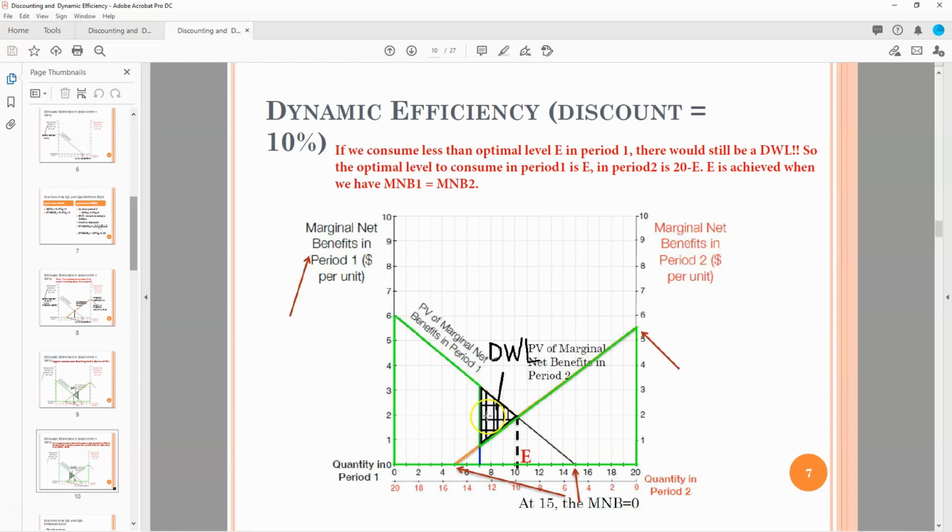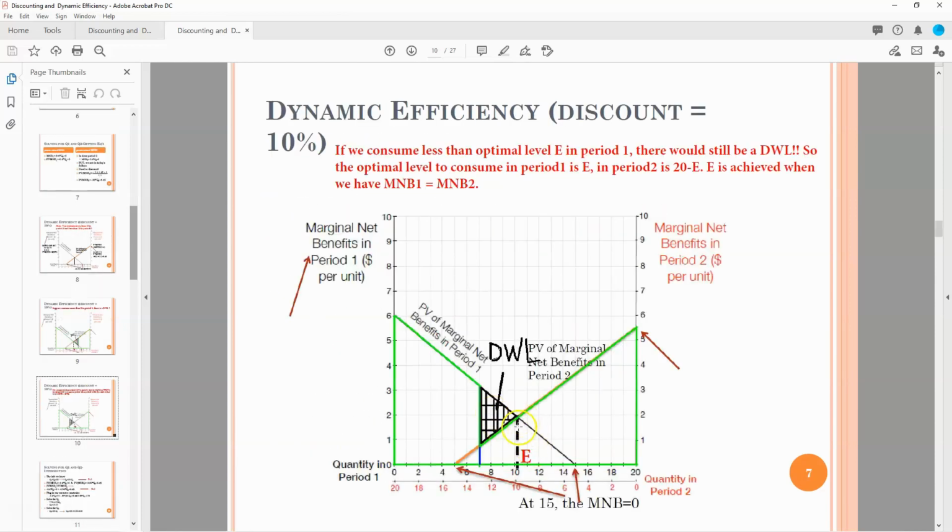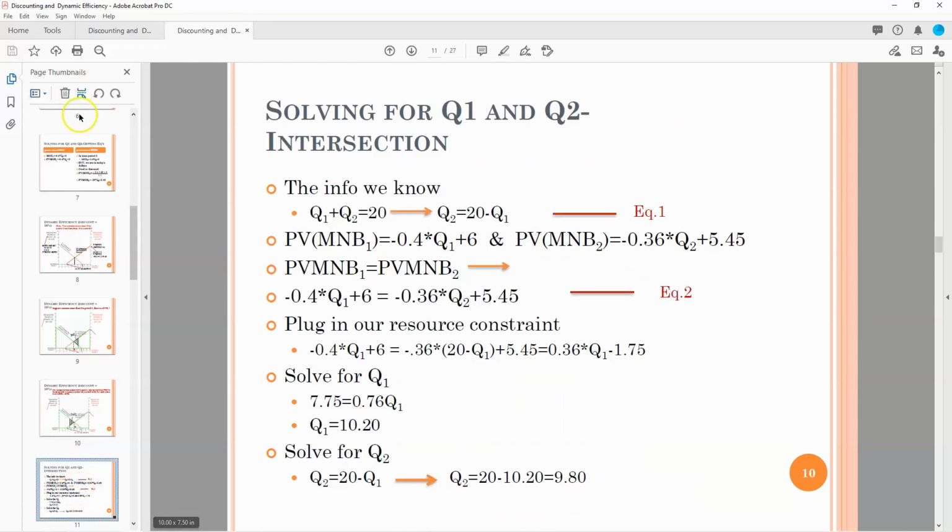You can see the deadweight loss on the graph. So that's what I mean. The intersection of those two marginal net benefit lines is the optimal level, or we can say the efficiency level of consumption.